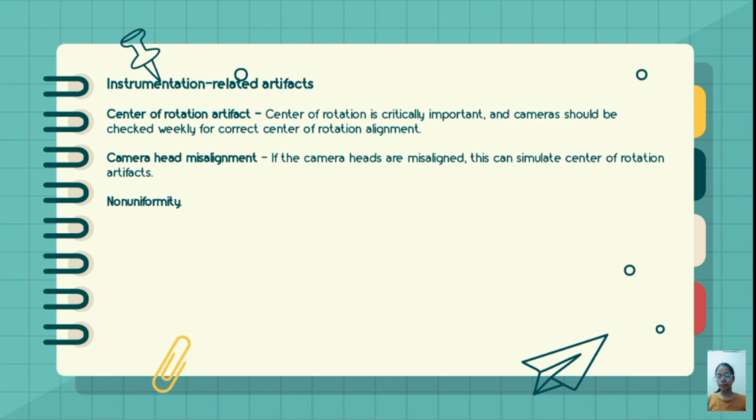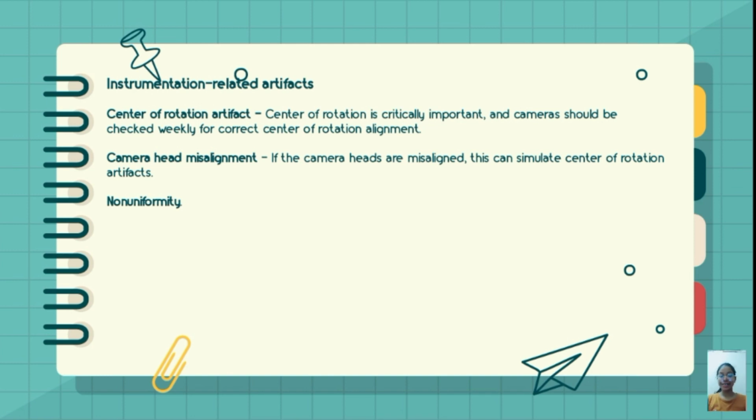Next is the camera head misalignment. If the camera heads are misaligned, this can simulate center of rotation artifacts. Misaligned images can cause artifactual image defects. These defects will be more pronounced with a three-headed SPECT camera.